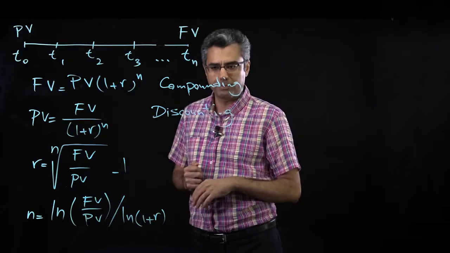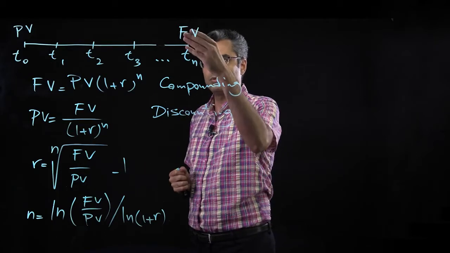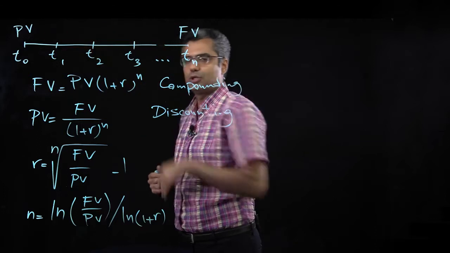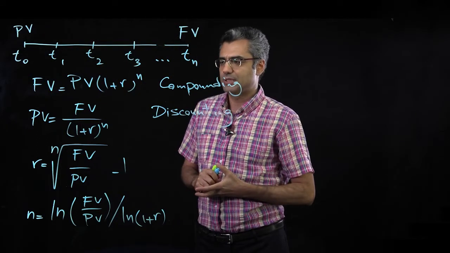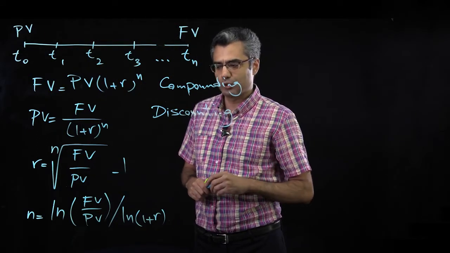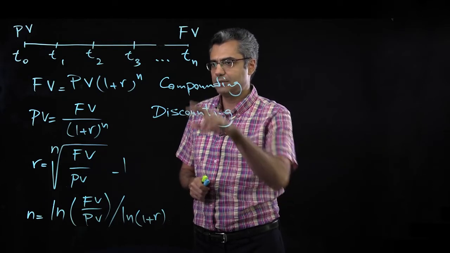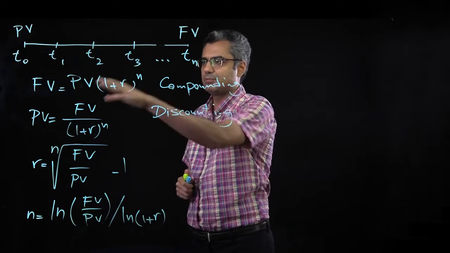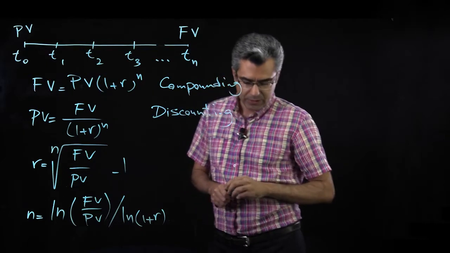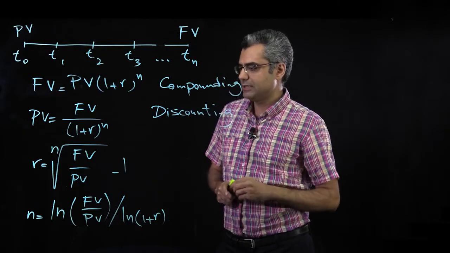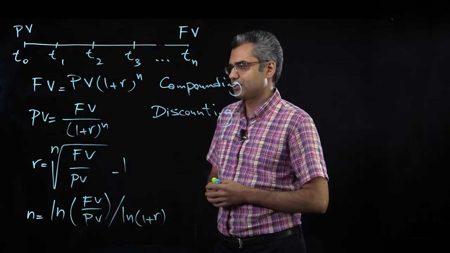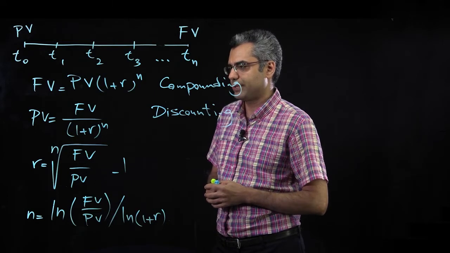So for discounting, we bring future value to today's time to see what's the value of the cash flow in the future today, and compounding means taking the present value to the future. So these are the four main formulas for compound interest rate.